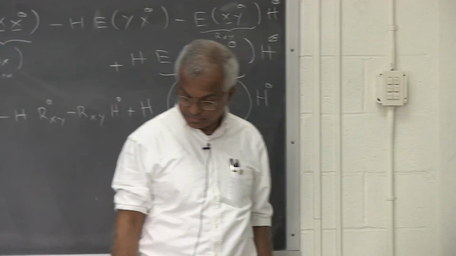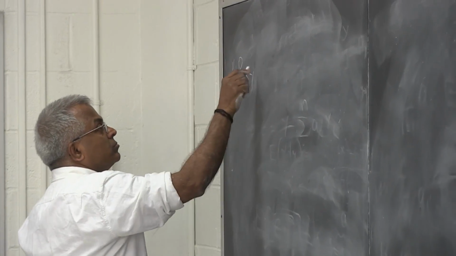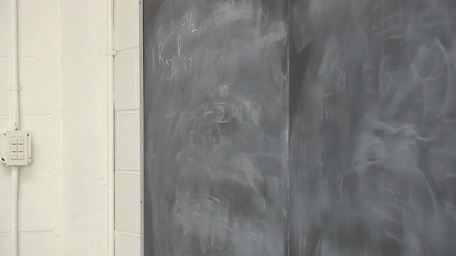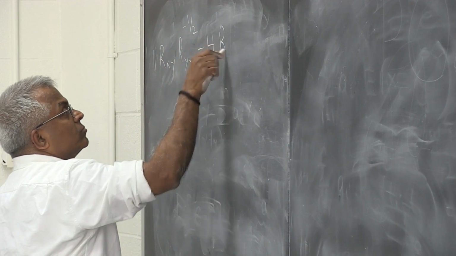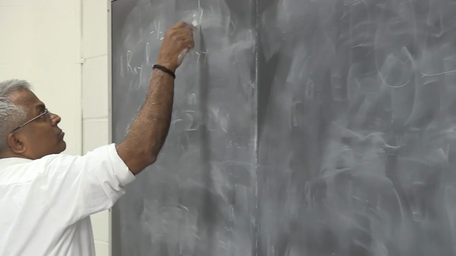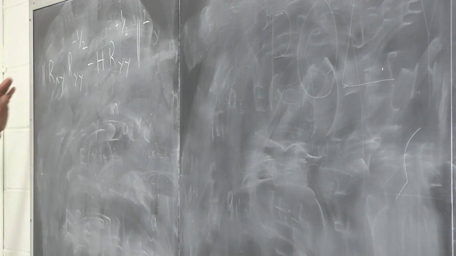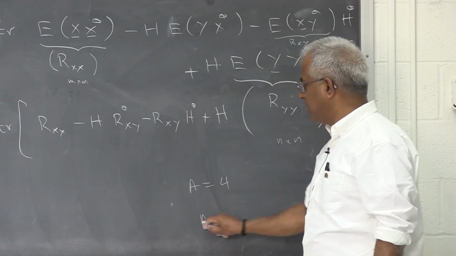So let's look at, maybe you have not seen this R to the power half and so on. So look, if A is 4, what is A to the power half?